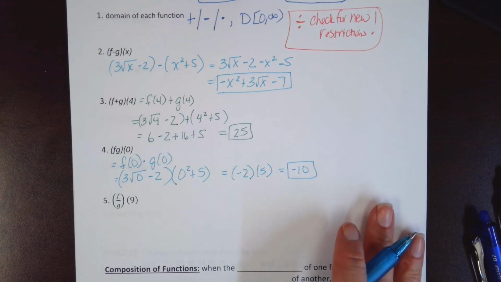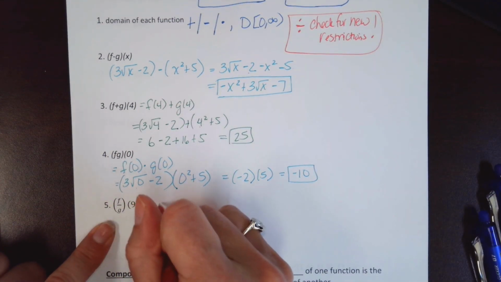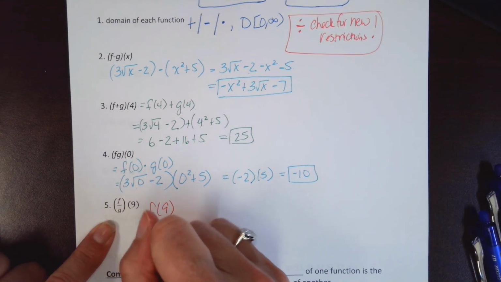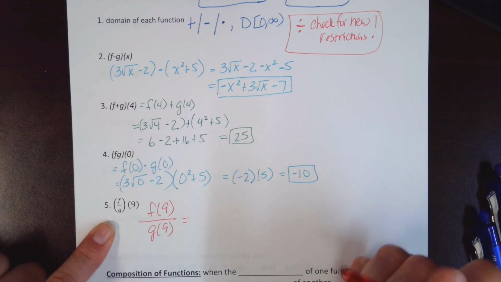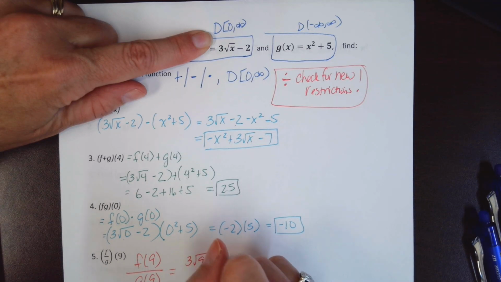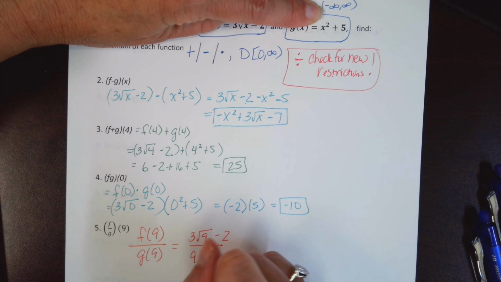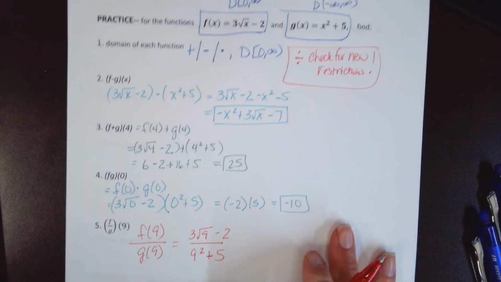And then finally, we have to do f of 9 divided by g of 9. Well, f of 9, that's going to be 3 square root 9 minus 2. G of 9 is 9 squared plus 5.